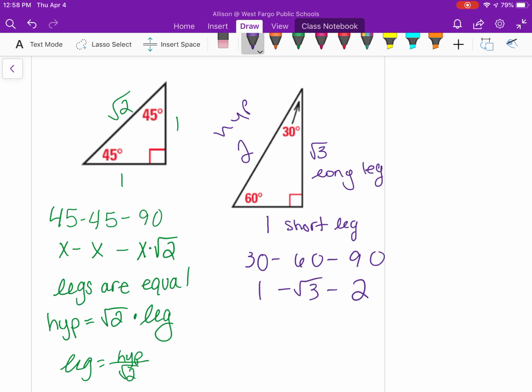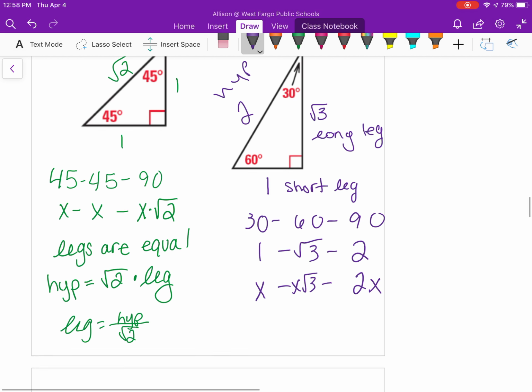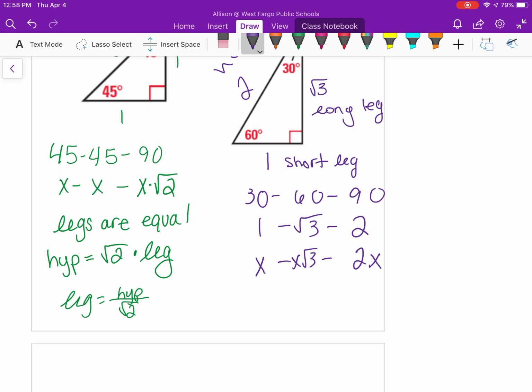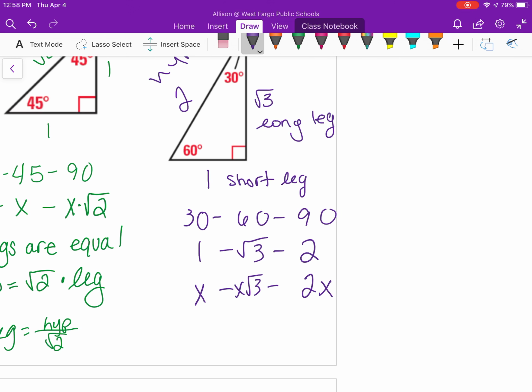Our formula then becomes, if the side across from 30 degrees is x, then the hypotenuse is 2 times the short leg, and the long leg is the square root of 3 times the short leg, or x square root of 3. So we have a couple ways to remember that.